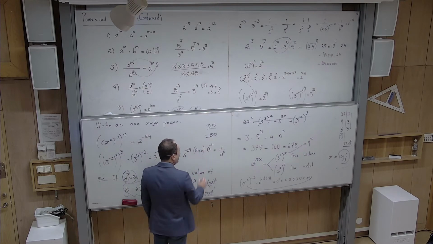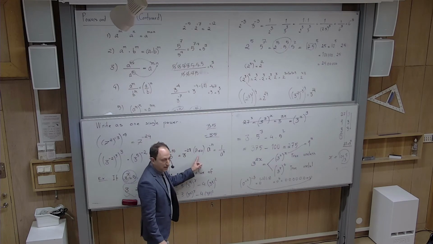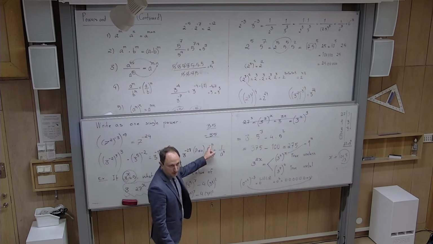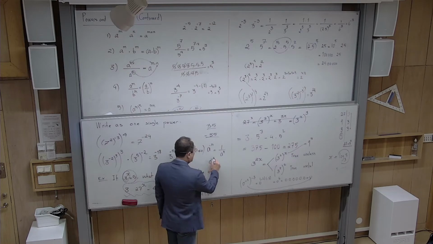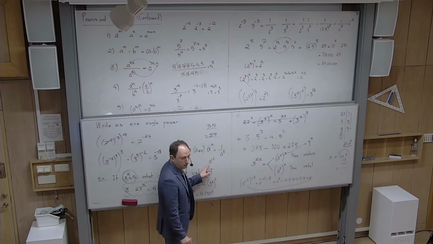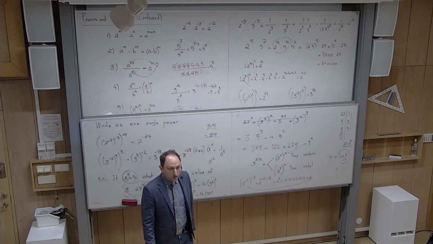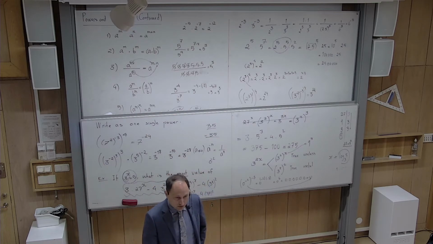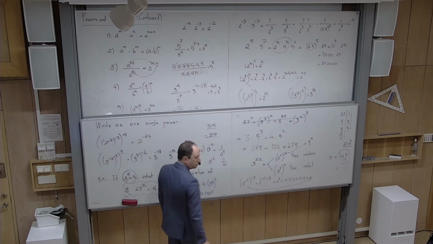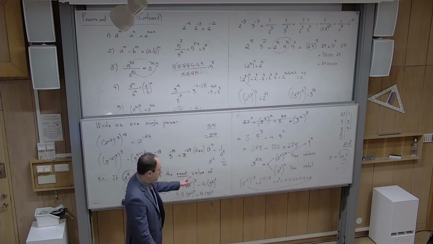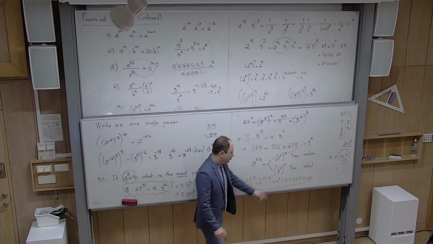So if a is not 0, you are allowed to talk about a to a negative power. But here, 0 to the power minus 2, if you want, you can check it with your calculator, is not 0. It is not defined. It's exactly like when you write 1 over 0. So be careful. This is a wrong calculation.